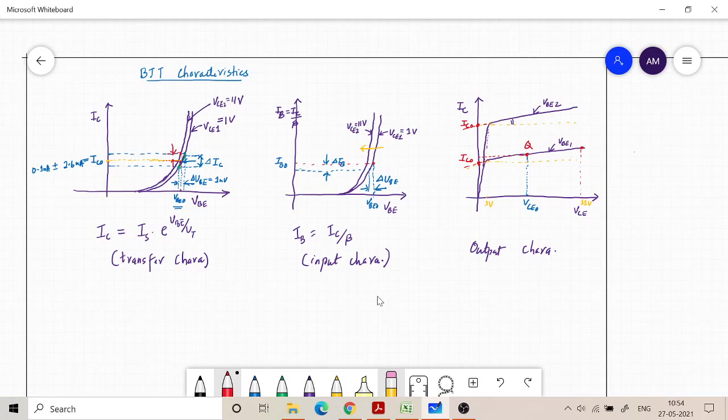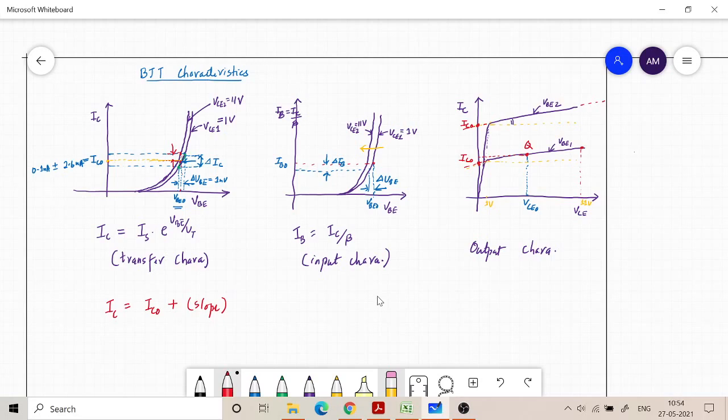And if I write an equation of this straight line, then I can write it like IC is equal to the y-intercept IC0, plus the slope multiplying VCE.